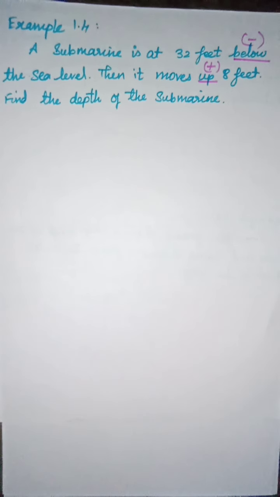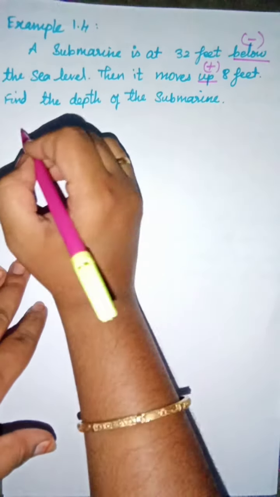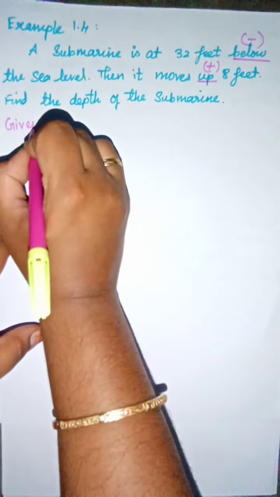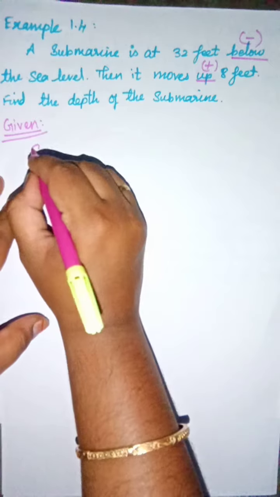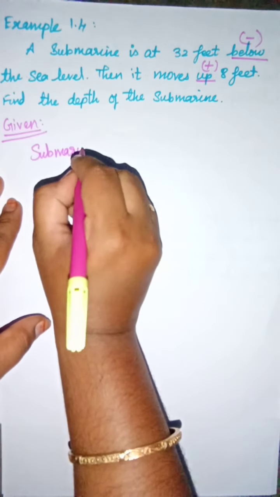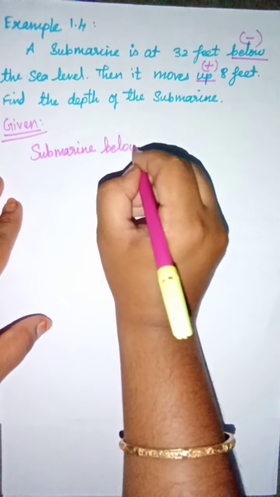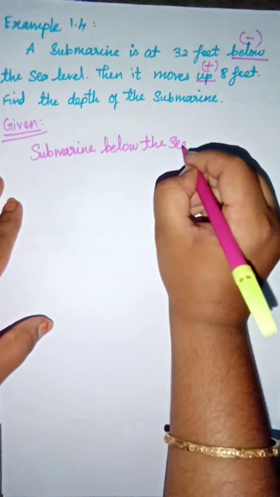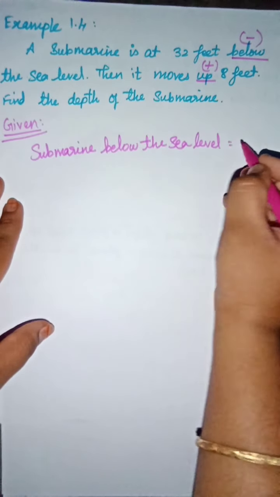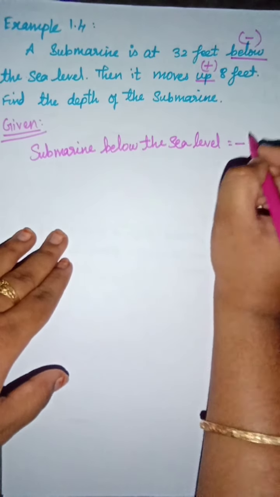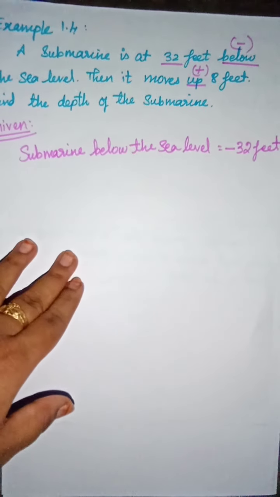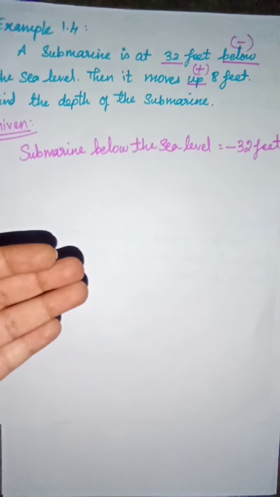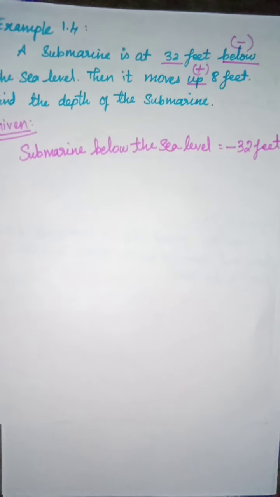Okay, now what they have given: submarine. Now we can start writing the given. First we have to write the given form. Submarine is below the sea level. Submarine below the sea level means we have to write the negative form, and that is 32 feet.